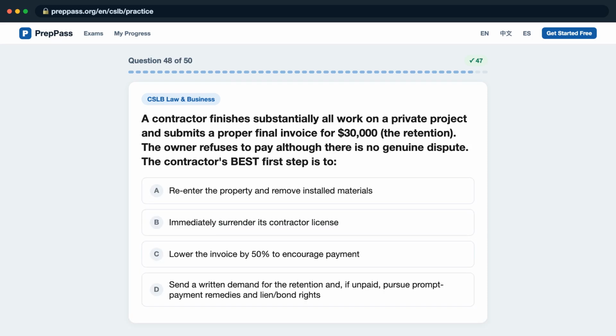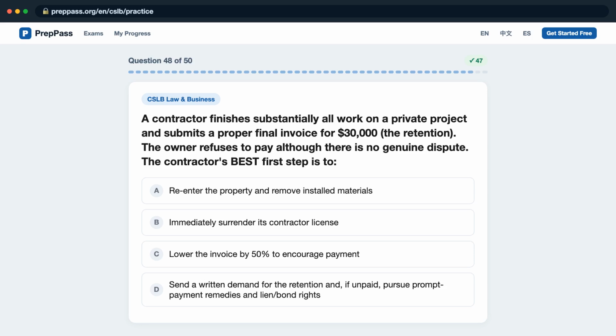Question 48. A contractor finishes substantially all work on a private project and submits a proper final invoice for $30,000, the retention. The owner refuses to pay although there is no genuine dispute. The contractor's best first step is to, is it A, re-enter the property and remove installed materials? B, immediately surrender its contractor license?